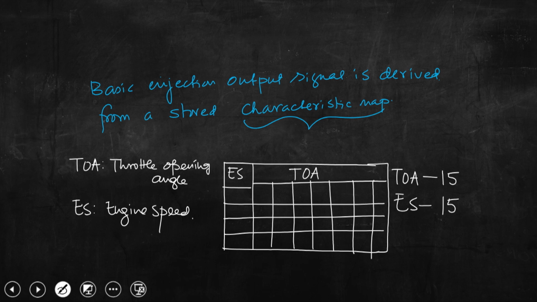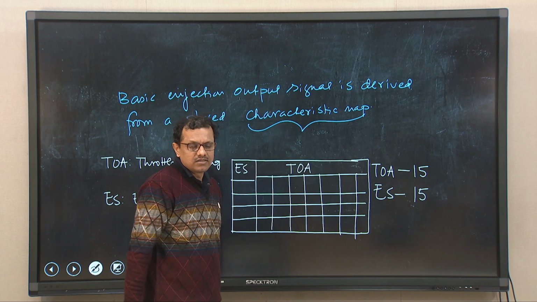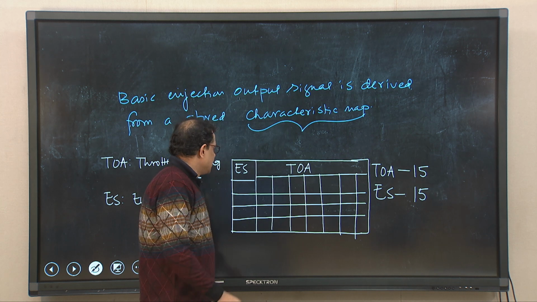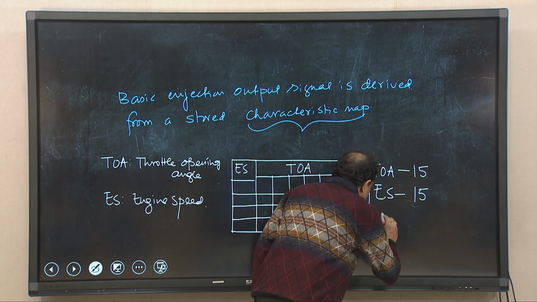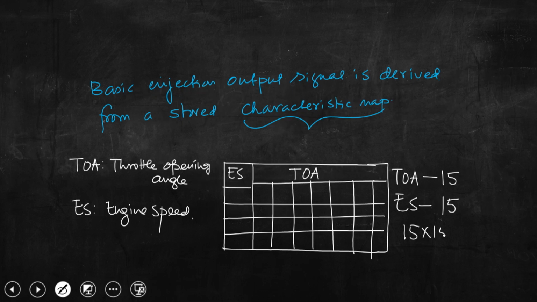Similarly, we can have 15 engine speeds. So, you can see we can have 15 cross 15, that is 225 data points, to prepare this table.